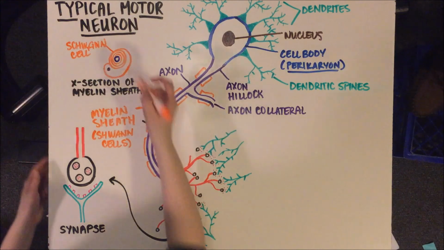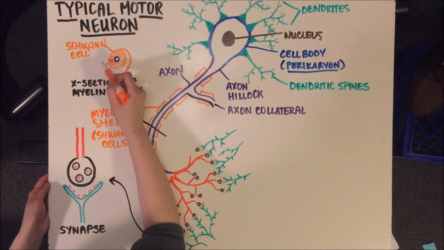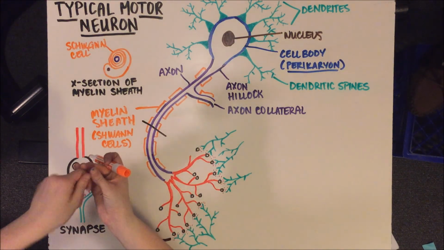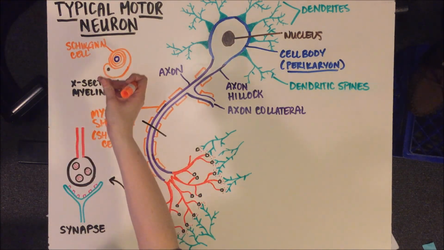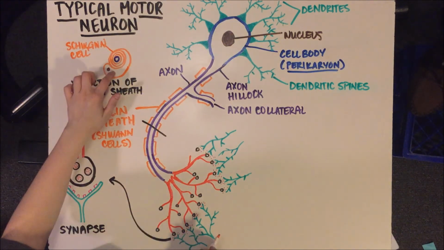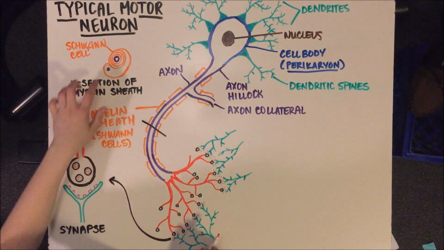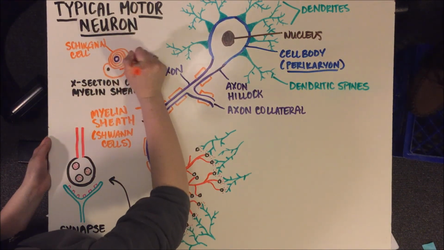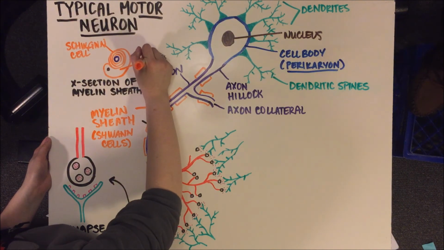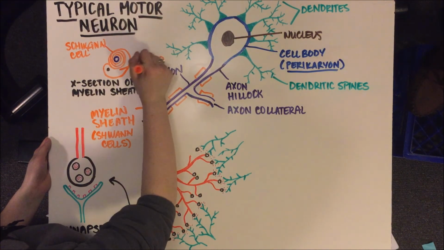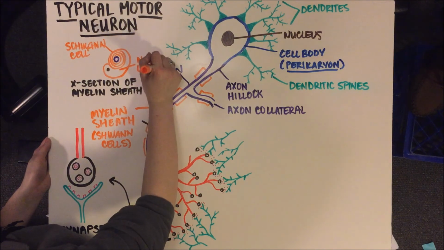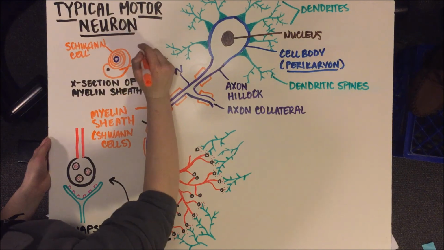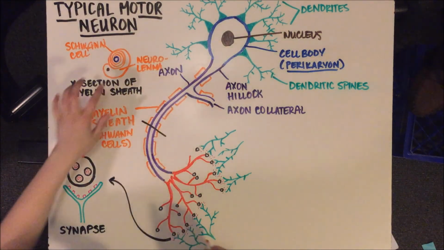And as it wraps, all of the cytoplasm is pushed to the edge right here at one end. If you think about a long balloon and fill it with a little bit of water, if you push it all to one end, it would collect. And that's what happens here. It bulges out at the very end, and that's where the nucleus and all the organelles would be located as well. This area is called the neurolemma. Okay, so that's the neurolemma there.